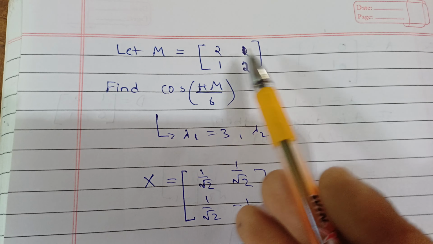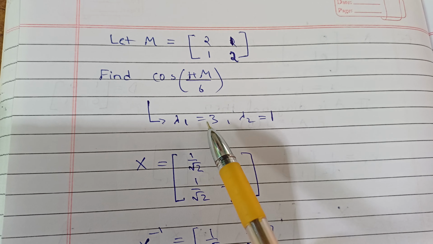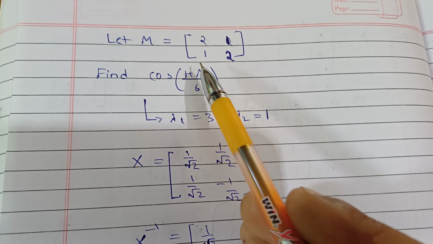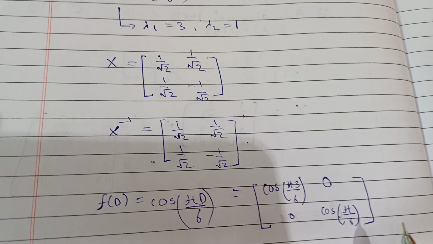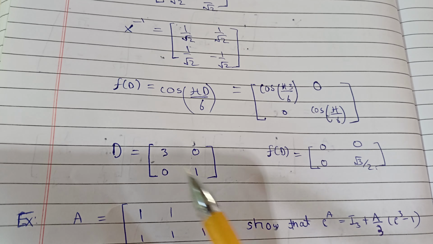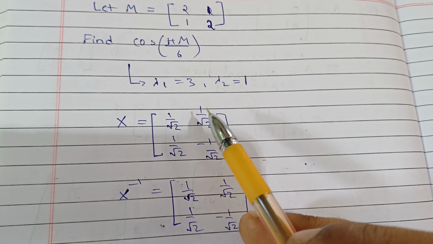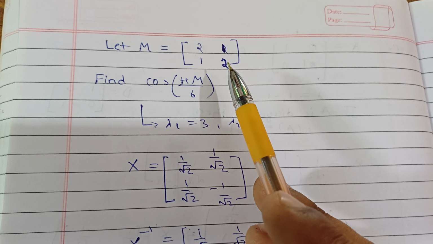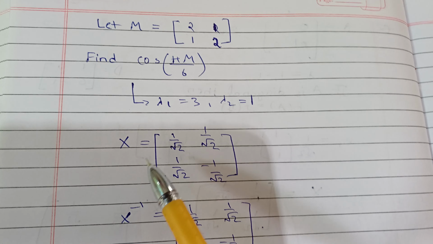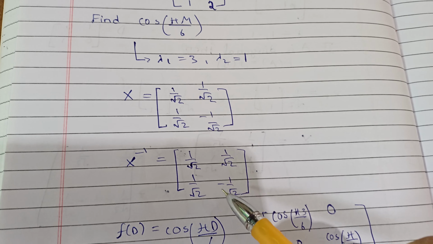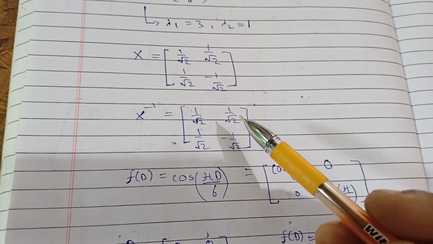First we need to find the eigenvalues of this. They will be 3 and 1. So the diagonal matrix will be 3, 1 on the diagonal and 0 elsewhere, and corresponding to these we can find the eigenvectors, and that's how we can find X and X inverse. So we have these values.